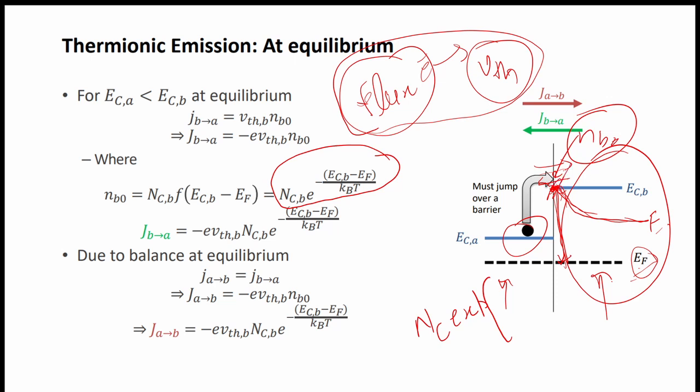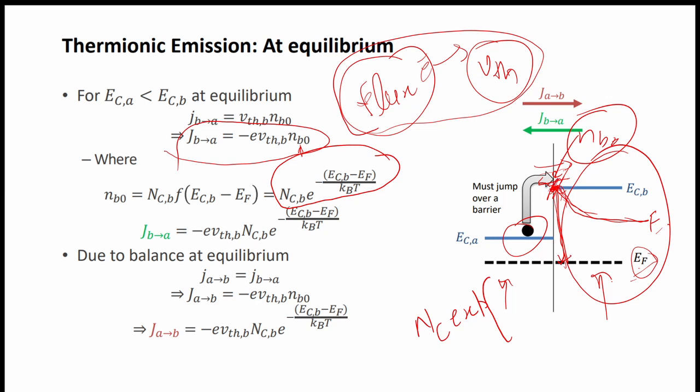The current will be given by minus e V_TH n_B0, where we apply the charge of the electron, and n_B0 is the concentration of the electrons at this point.